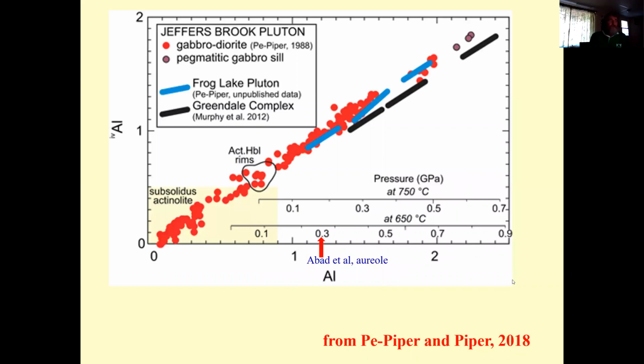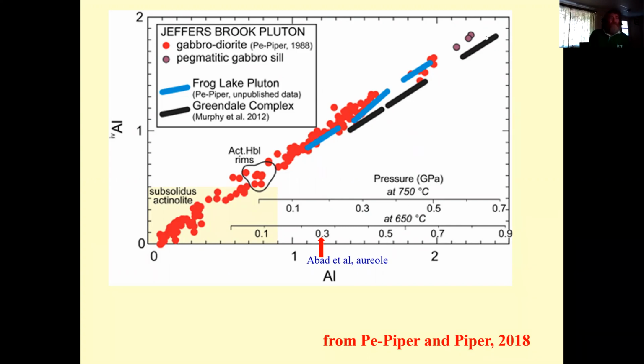This is a plot from Georgia and Davis' 2018 paper, where they show the range of aluminum compositions in hornblendes in the Greendale, but also in their equivalents within the Cobequid Highlands. The Greendale data is shown in black in here. And you can see that what that infers are higher pressures, 3 to 7 kilobars, than what Abel et al. inferred for the ore.